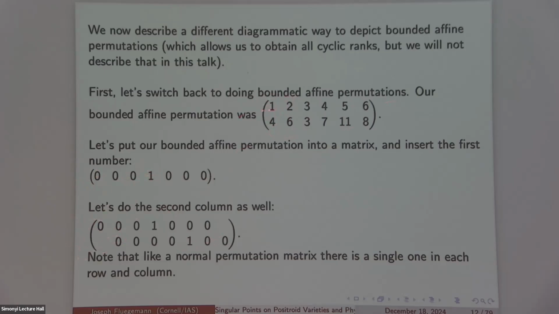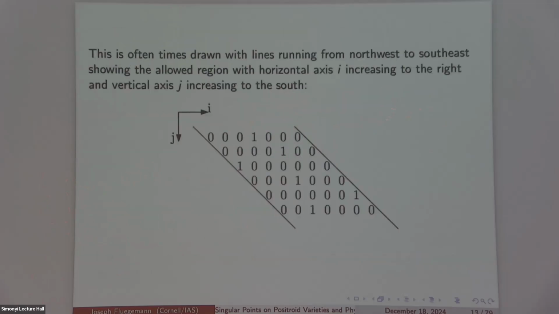So the top line is given by the y-axis kind of moving down, and then the second, the permutation, is the horizontal axis. So you get a diagram like this.